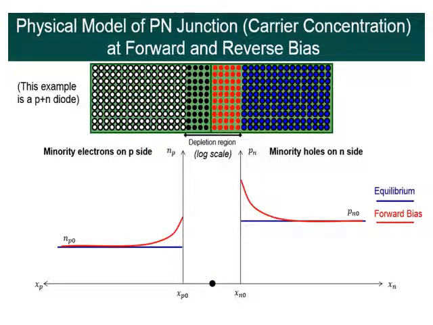In forward bias condition, what is happening? We are seeing that the holes will try to move towards the N type material, and electrons from the N type material will try to move towards the P type material. Correct?